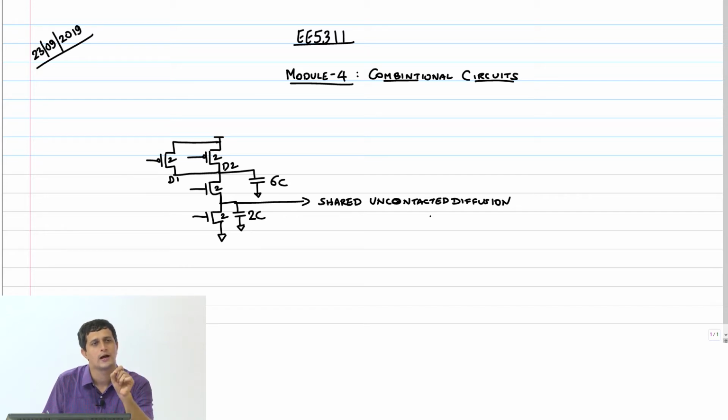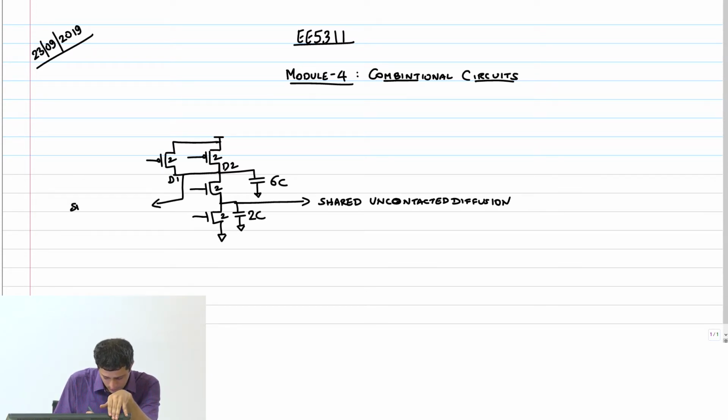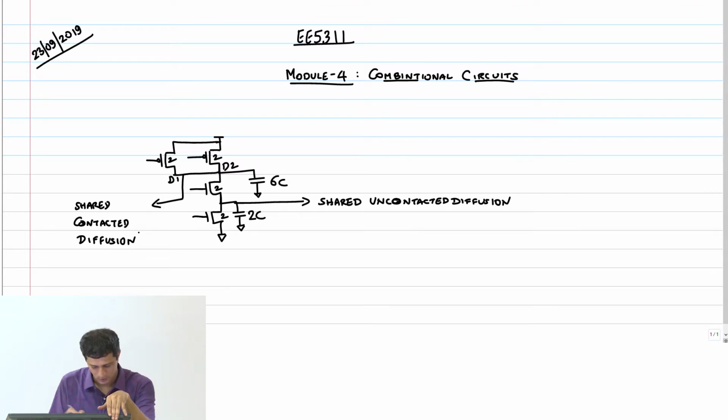There are two diffusions and you have to have sufficient space to connect these two diffusions together with a metal, and therefore this will basically be a shared contacted diffusion, and therefore each of the nodes will contribute a capacitance of W into C.